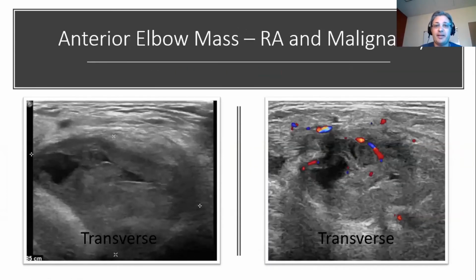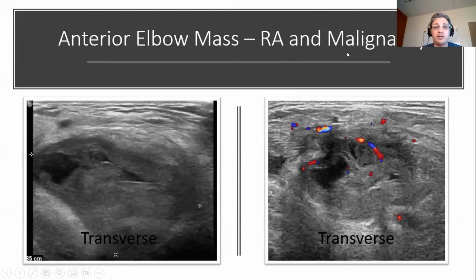This knowledge of anatomy was very useful to me when presented with this large, painful, and very scary looking anterior elbow soft tissue mass sonographically. Notice the calipers are outlining this predominantly solid appearing soft tissue mass along the anterior aspect of the elbow that in fact has increased internal flow on Doppler interrogation in this patient with both rheumatoid arthritis and known malignancy.